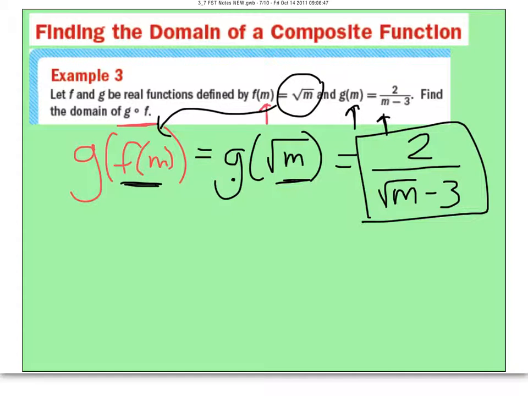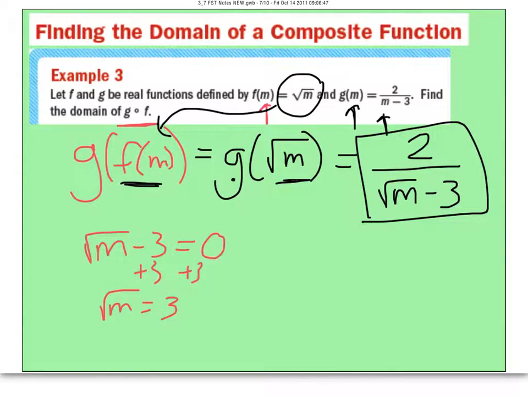Remember, the domain means what can x be or not be. A lot of the times you'll say it's all reals, or you'll say all reals except. In this case, you have to be careful. The bottom of this fraction can never total 0. So what you're thinking is this: the square root of m minus 3, when it equals 0, I have an issue. What's going to make that happen? Well, if you solve this equation, you'll get the square root of m equals 3.